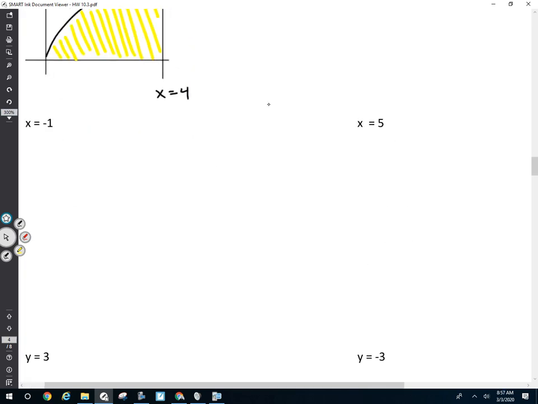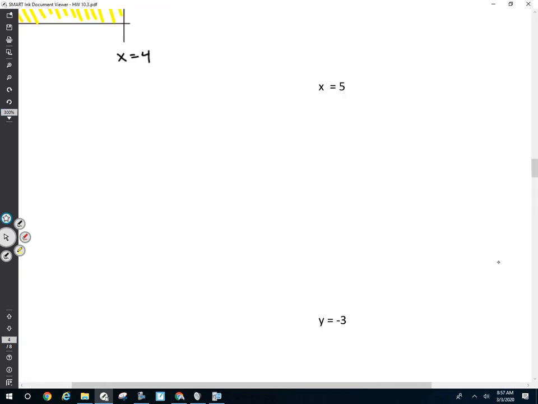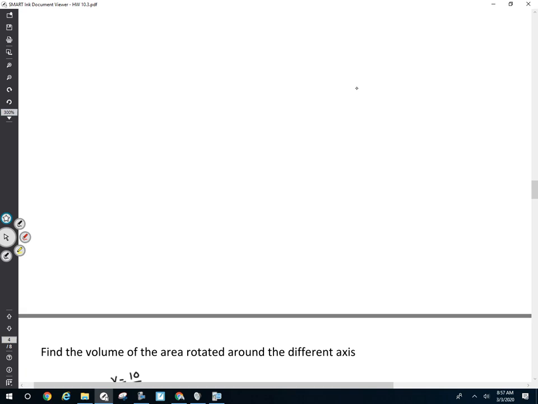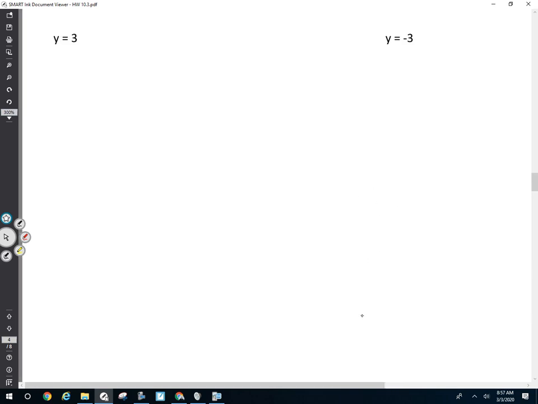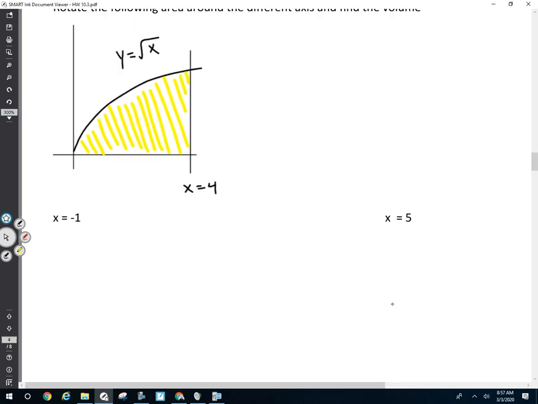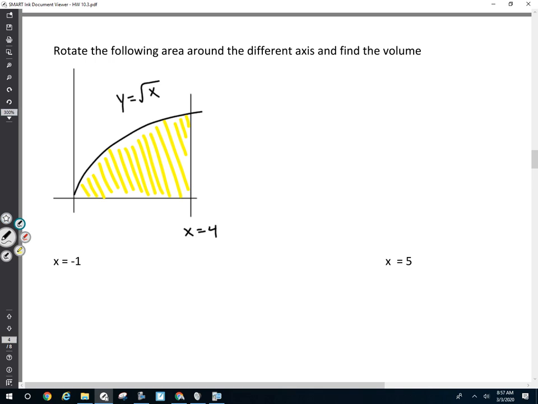Okay, more of the same. This guy rotated 4 ways. Okay, so x equals -1. I got this.